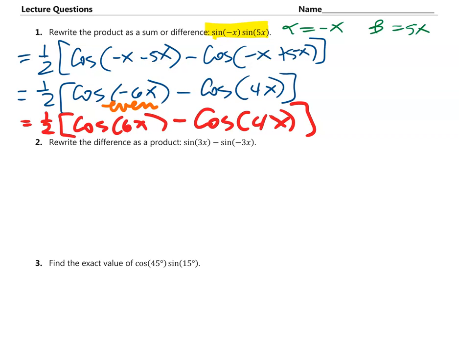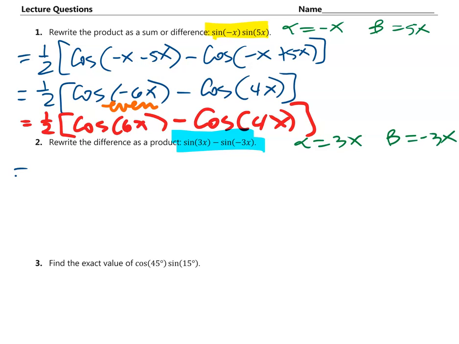Okay, number 2, rewrite the difference as a product: sine 3x minus sine of negative 3x. So here your alpha is 3x and beta is negative 3x.